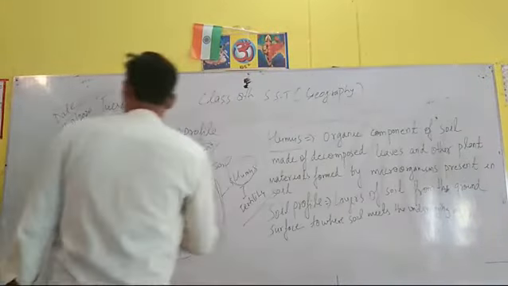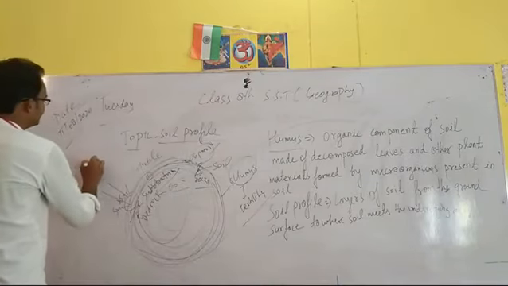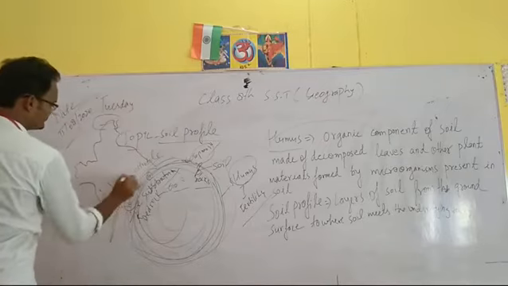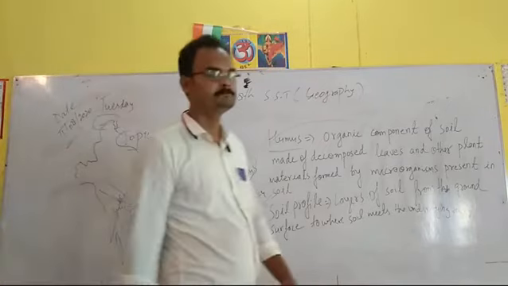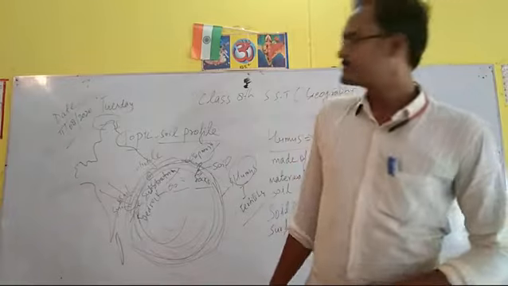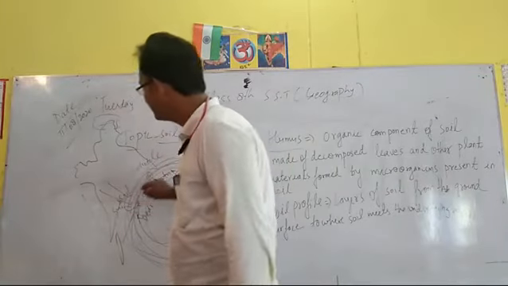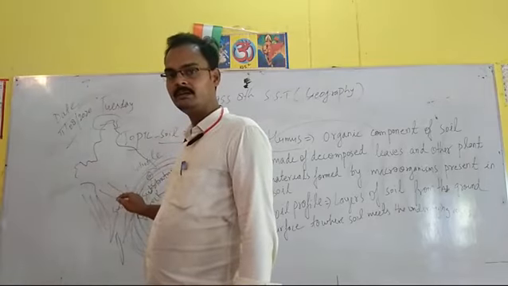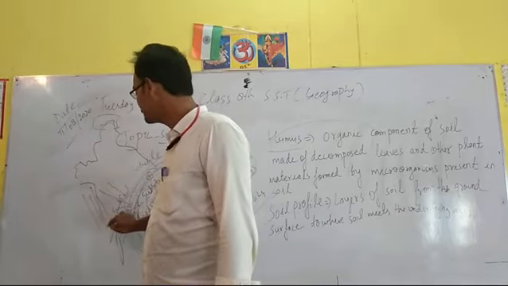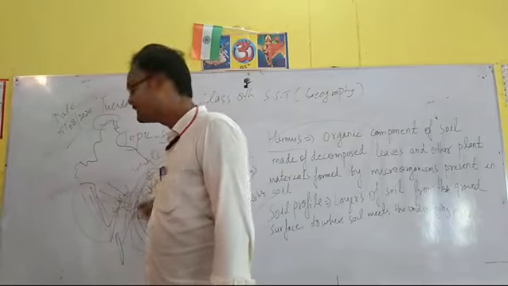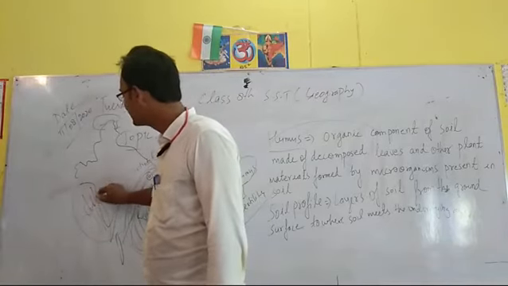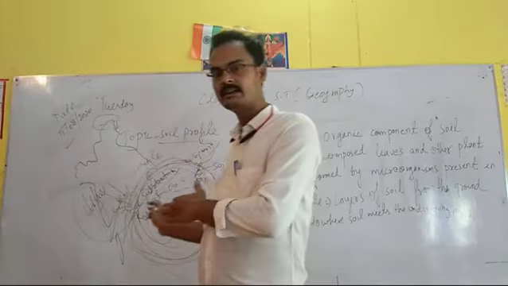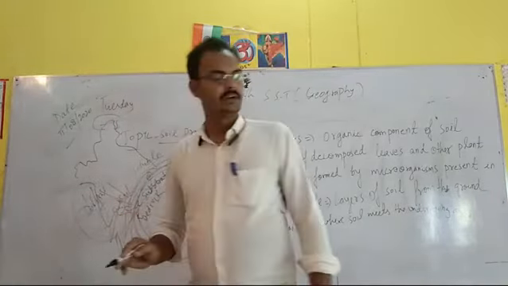If we see the map of India in this small figure, you see the northern and coastal plains. This whole coastal area, that means the area nearby the sea, and all coastal areas, you can say your Western Ghats and Eastern Ghats, have alluvial soil.